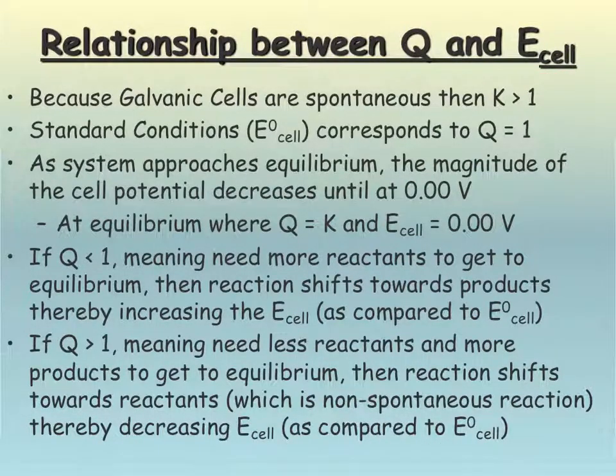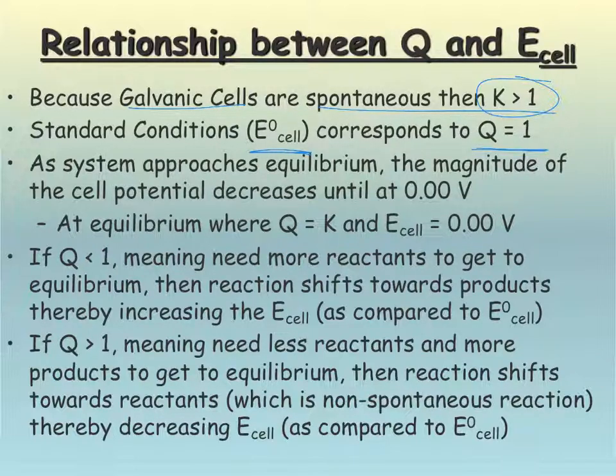All right, so this is basically the word version of the previous slide. Understand that all galvanic cells are spontaneous when our K is greater than 1, okay? And we know that at standard conditions, our E naught cell corresponds to when Q is equal to 1.